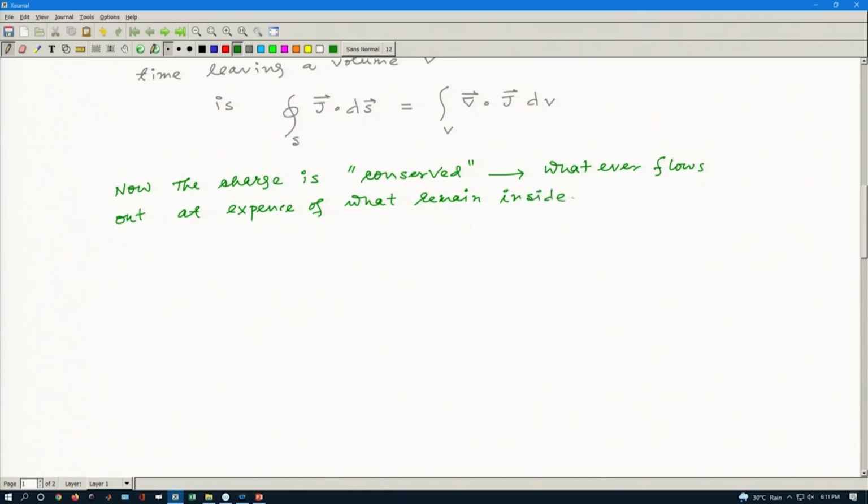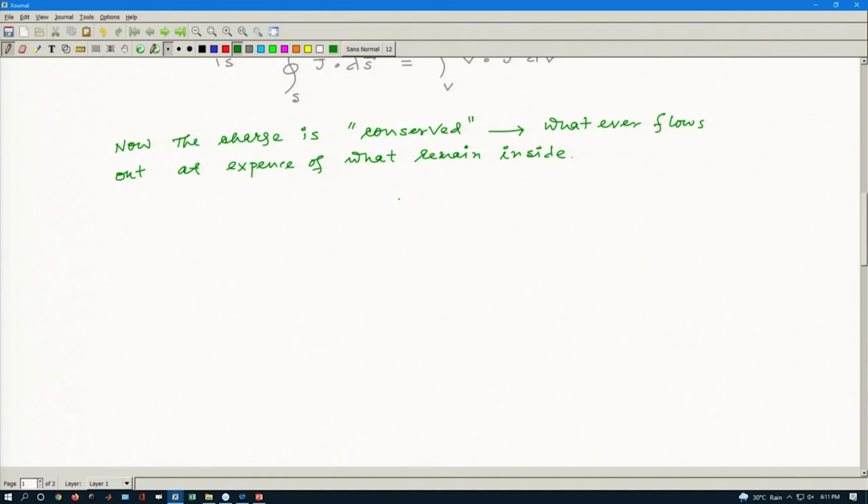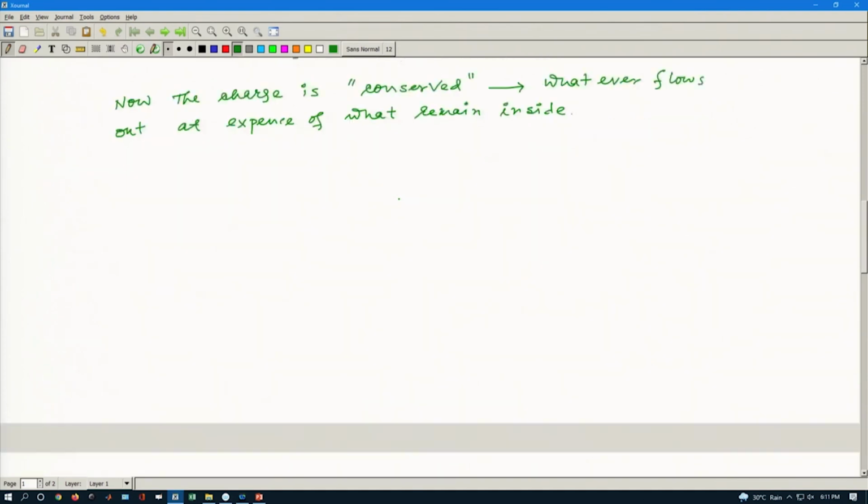So, something is flowing out, but charge is conserved. That means whatever is flowing out should be at the expense of whatever is already inside. So, there will be a decrement of the charge inside.